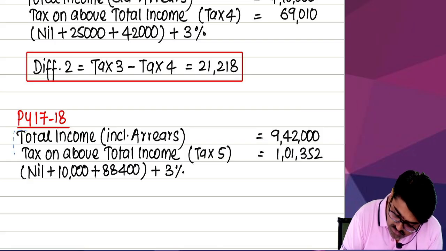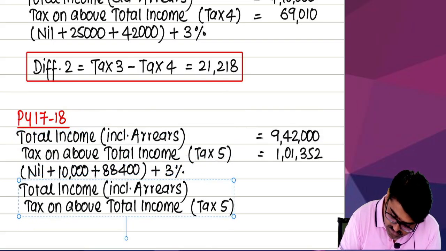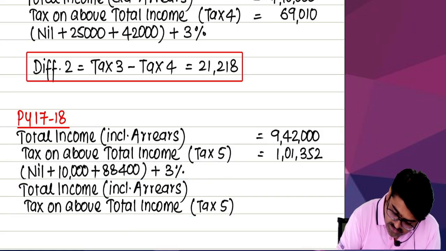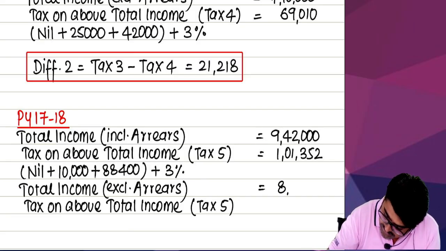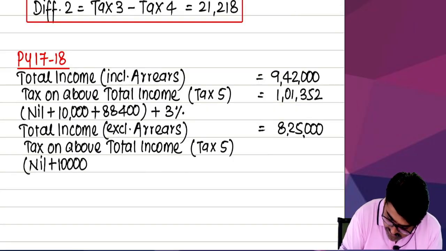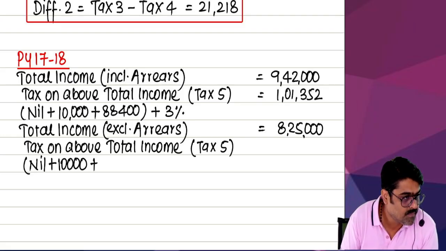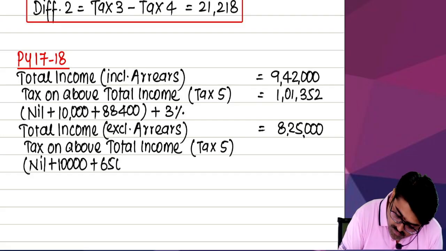Calculation is done properly, no, guys? Checked. Now excluding arrears. How much was the total income excluding arrears? 8,25,000. First 3 lakhs, no tax. Then 10,000. And then on 3,25,000, 20%, 65,000.